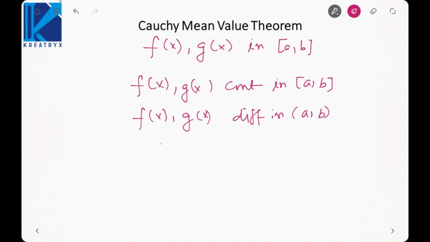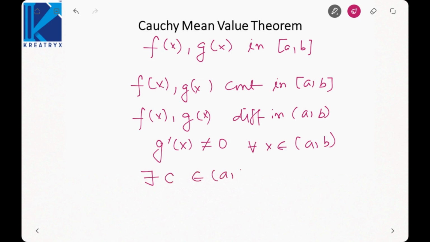Then we will say g dash x is not equal to 0 for all x belonging to (a,b). Shortly I will reveal to you the reason for this assumption. Then it says that there exists a point c belonging to (a,b) such that f dash c over g dash c is equal to f(b) minus f(a) over g(b) minus g(a).